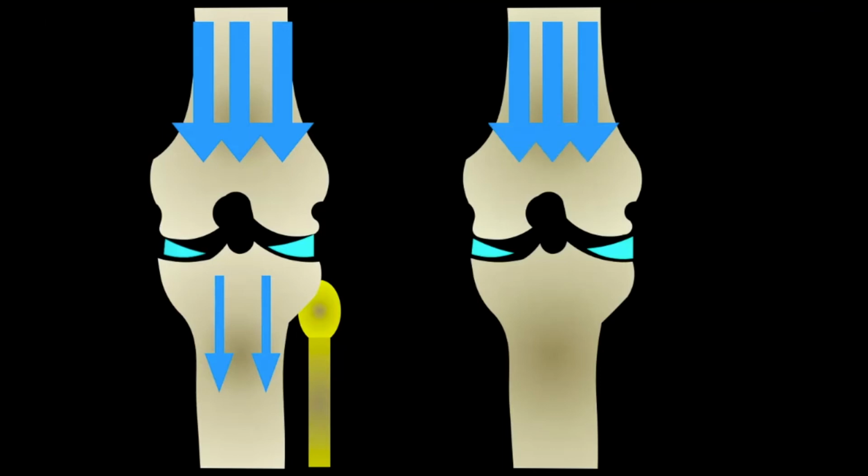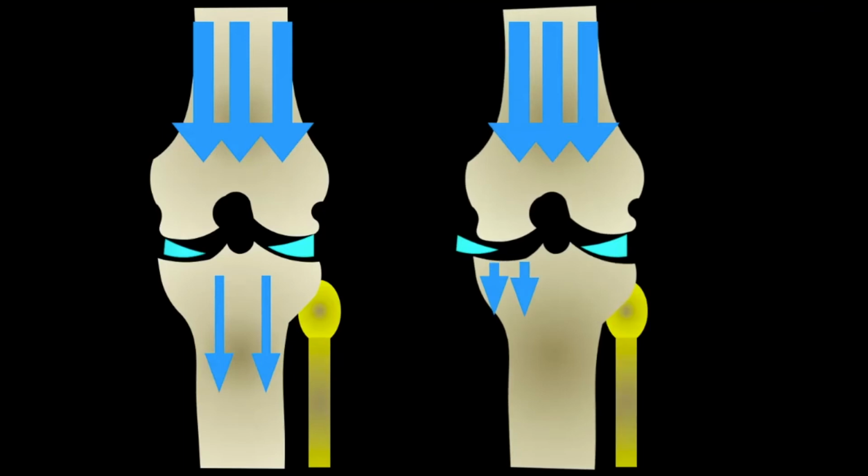Whenever there is meniscectomy, this hoop stress is gone, and the load is more concentrated towards that specific compartment, leading to osteoarthritis and deformity.